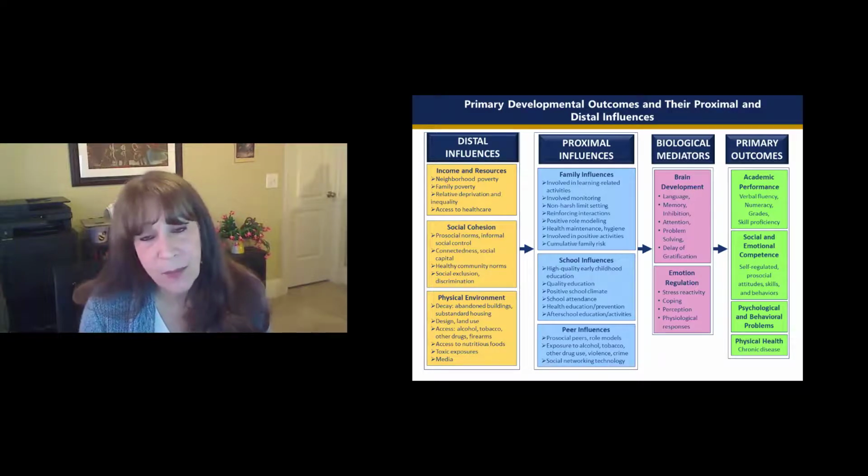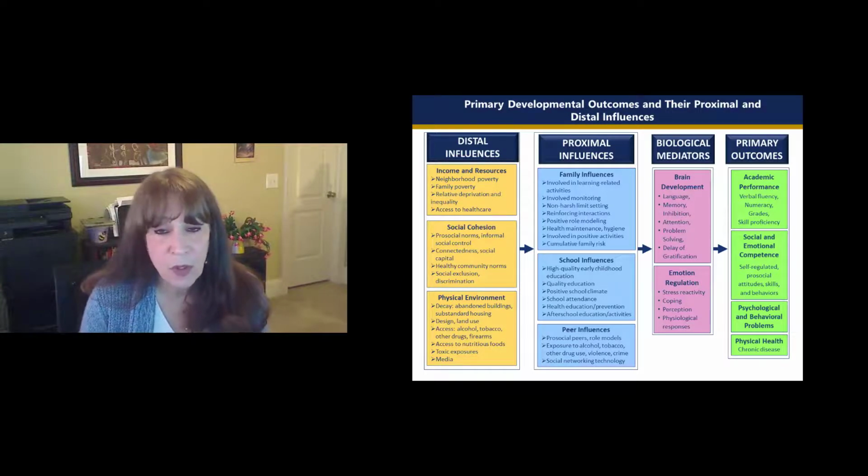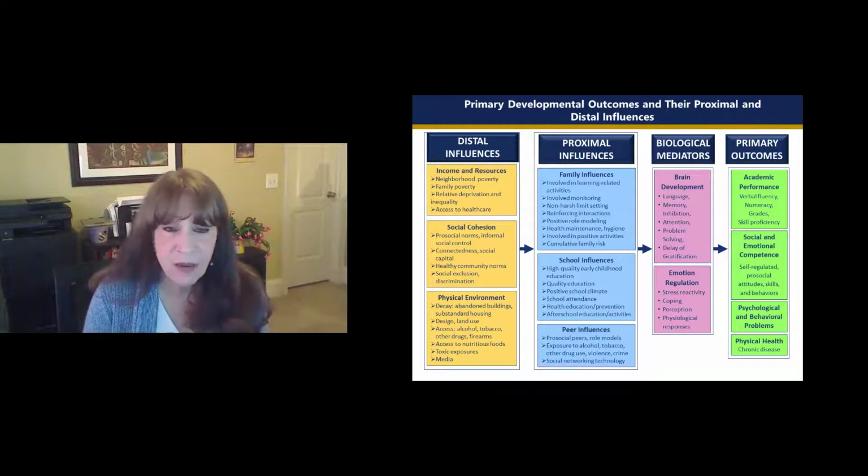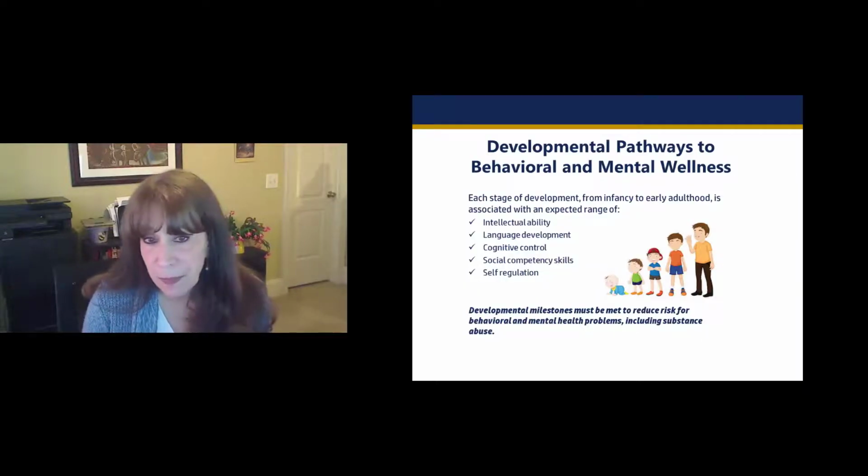What is academic performance? How well are they doing? What's their level of social and emotional competence? What does their behavioral and psychological status look like? What kinds of problems are they manifesting? And then, as I mentioned before, physical health is very much part of this equation, because these things, if they've gone awry, can lead to chronic disease outcomes later in adulthood.